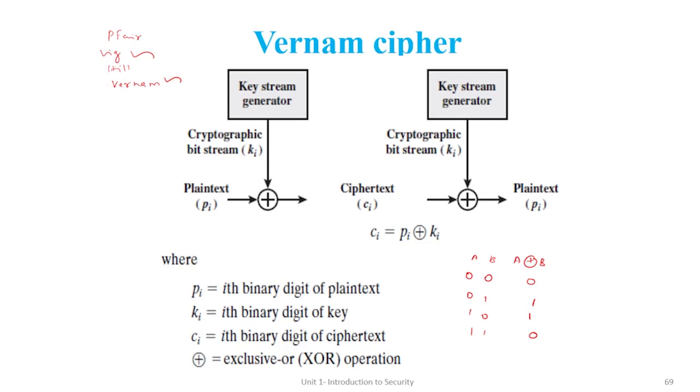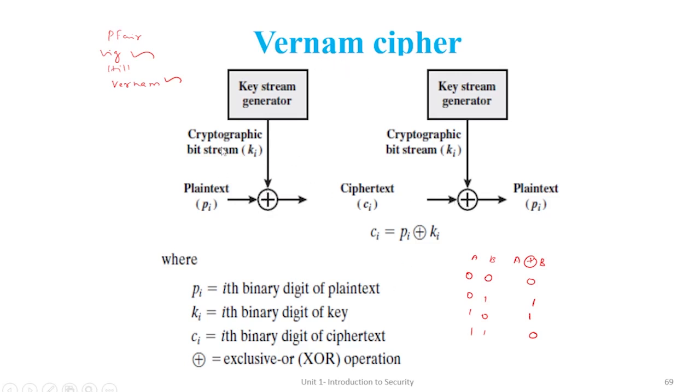If you take each letter, we can write its corresponding integer value, and that integer value should be written in binary form, and then we do the encryption and decryption operations. For those bit value calculations, we use the exclusive OR operation. The exclusive OR operation is used at both the encryption side and the decryption side.